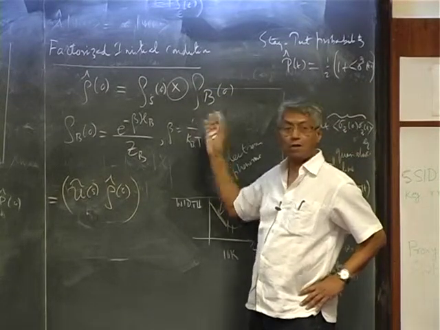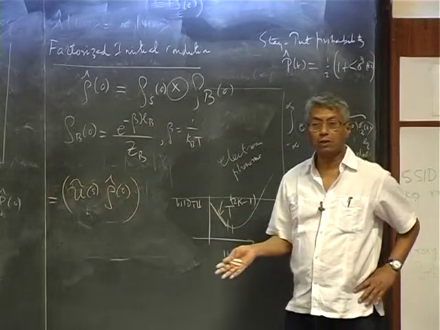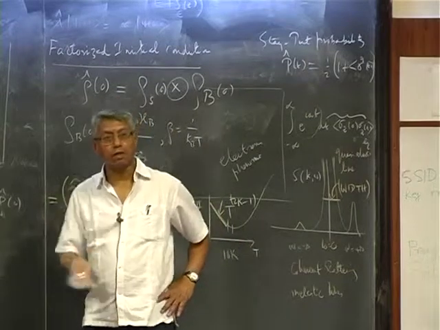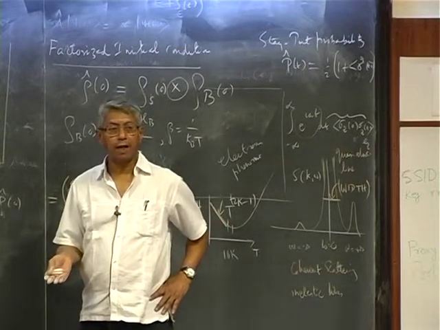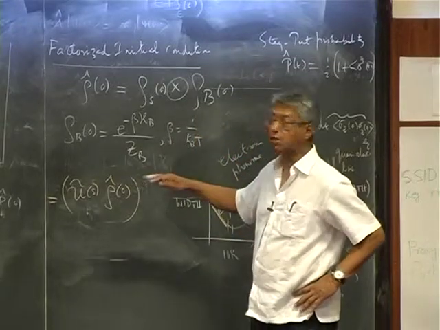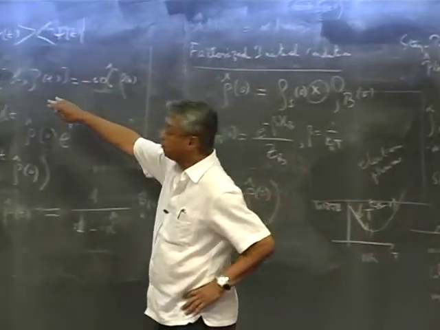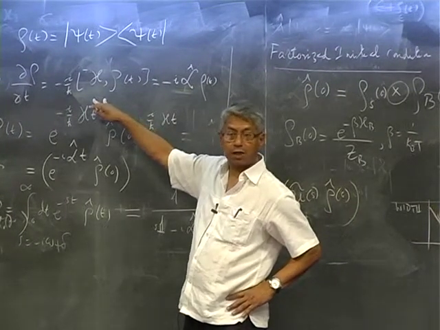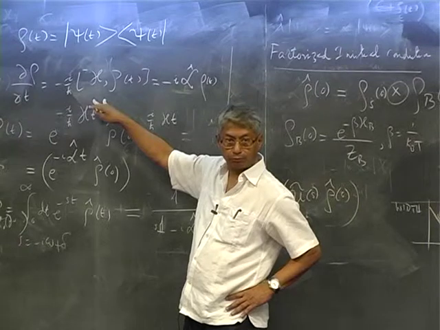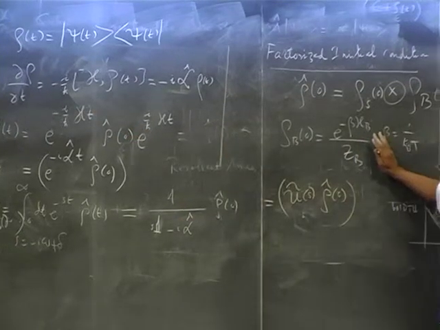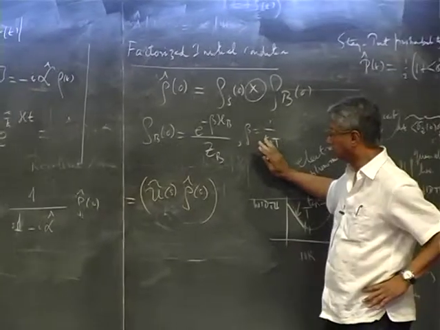But this bath is always such a large fellow that no matter how many times you kick it, it recovers pretty rapidly its equilibrium, and that's an assumption, because you are going from a reversible equation of motion to a situation where you want to discover irreversibility. So your bath is therefore assumed to be at constant temperature forever.